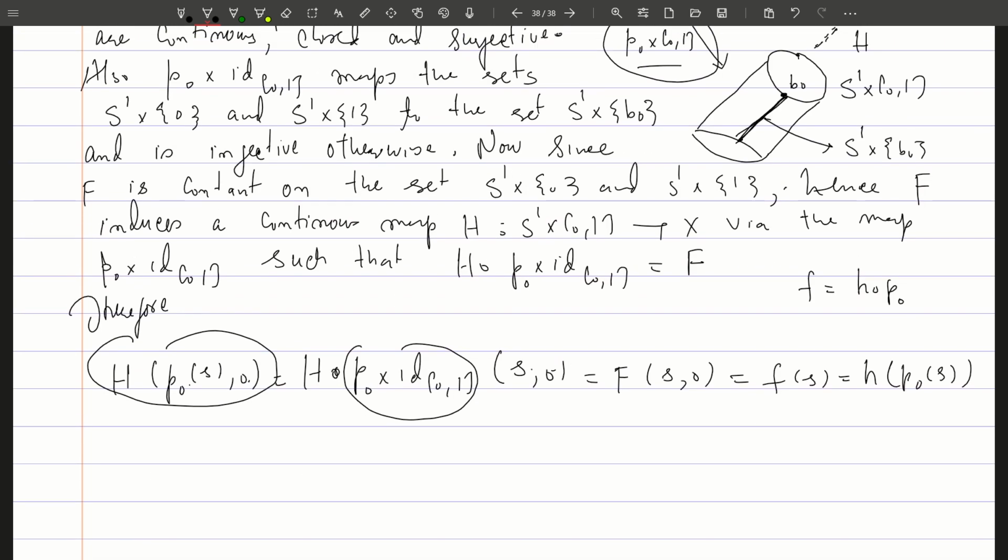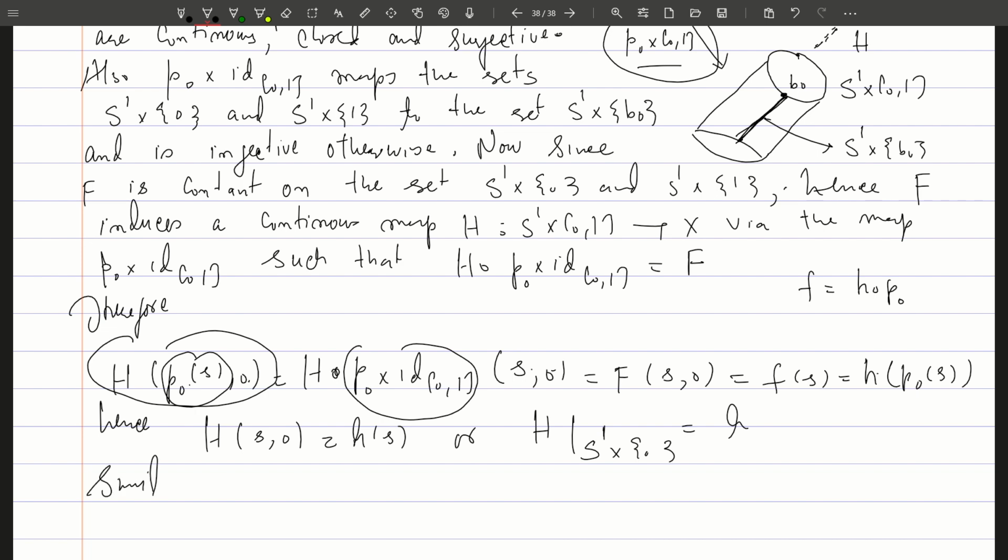Hence, if we replace this by s, we get the map h of s, or when we restrict h to the set S1 cross 0, we get the map h.